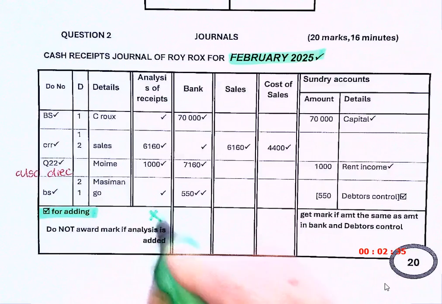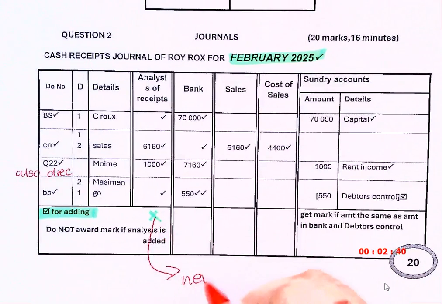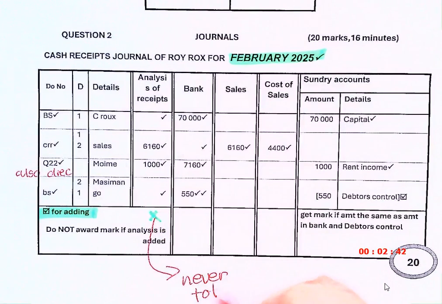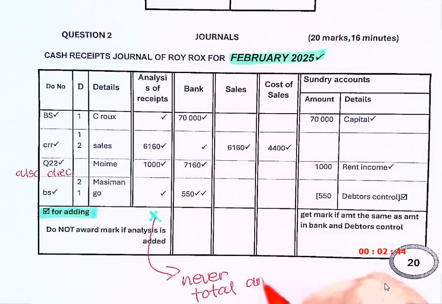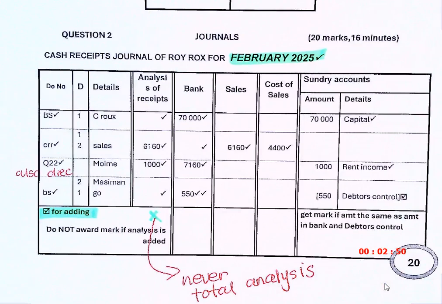And I want you to write for yourself: you never total analysis of receipts. I know you said don't write on your tests because you're not going to get the test back. So make another plan. On your test paper, you make notes, you say, oh, remember not to add analysis, because you're not going to study from your test paper again.